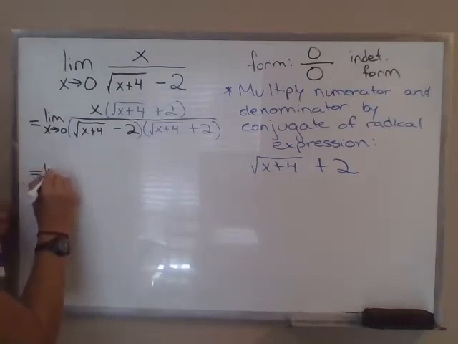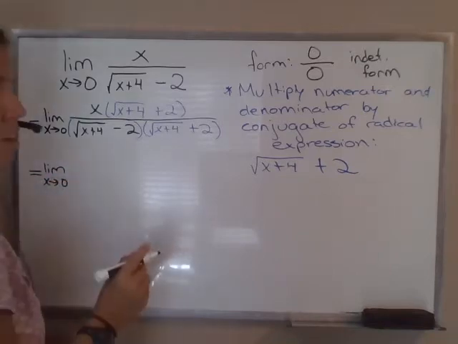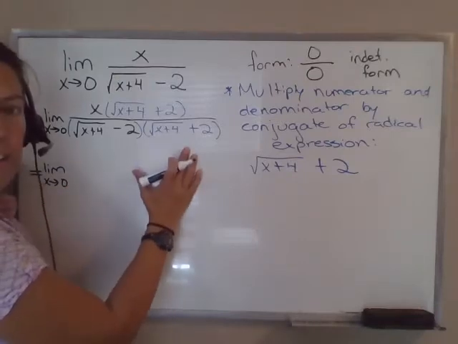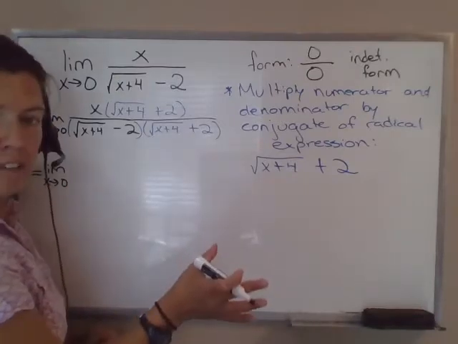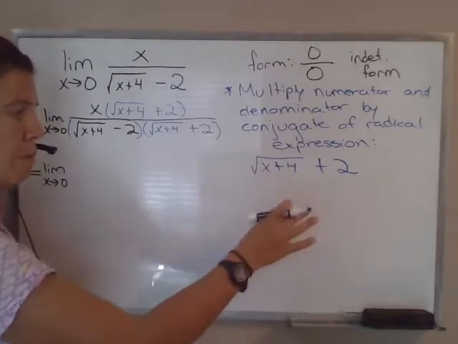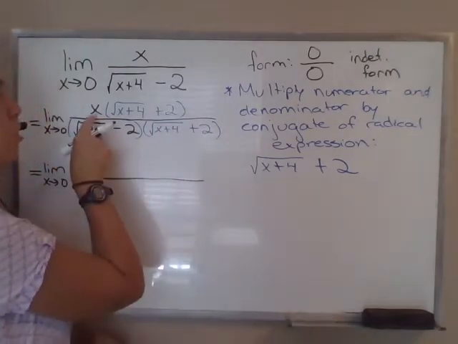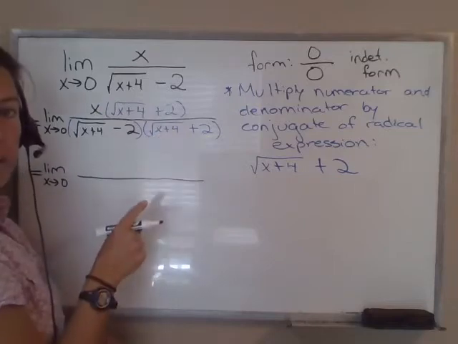So here's one place where students can tend to get off track. You should multiply this out where you're multiplying conjugates, because that's where something nice will happen. That's where the whole multiplying by conjugates thing actually is going to help you out. You should not distribute the x in the numerator.